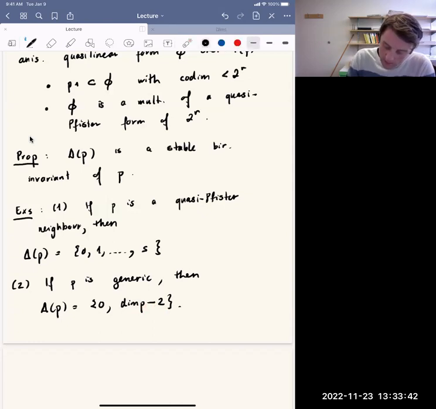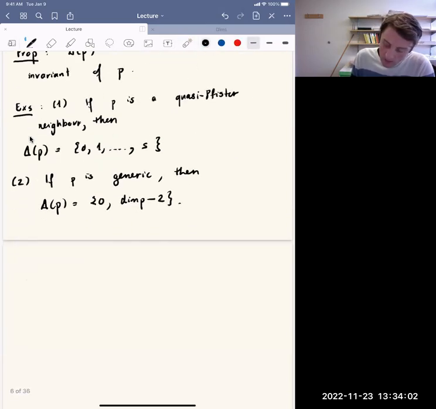Okay, so for sufficiently generic forms, this invariant will in fact just contain some information about the dimension of P, but for forms with a sort of simpler stable birational type, there will be other entries in this set.